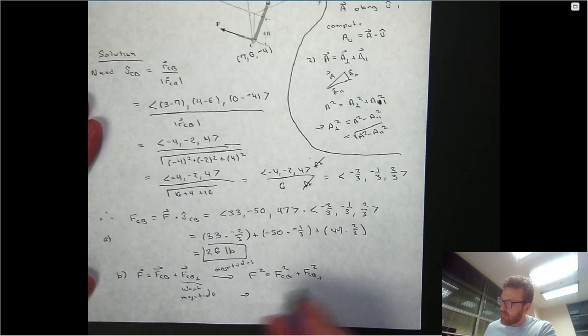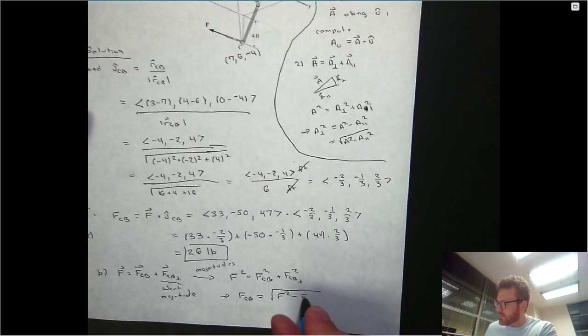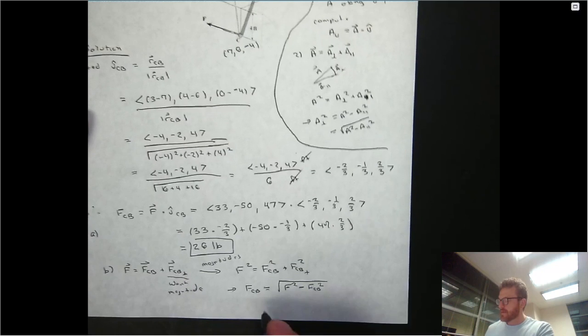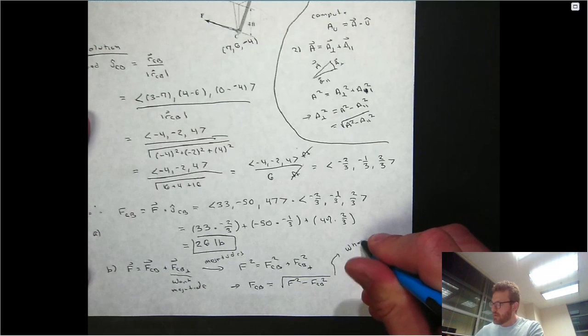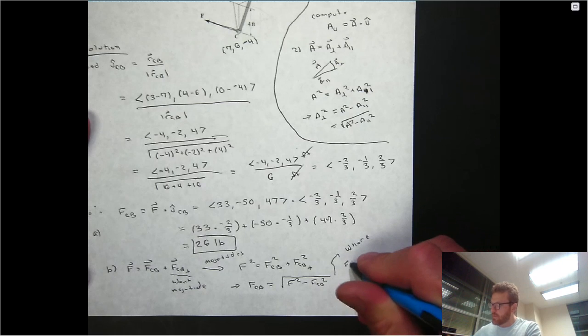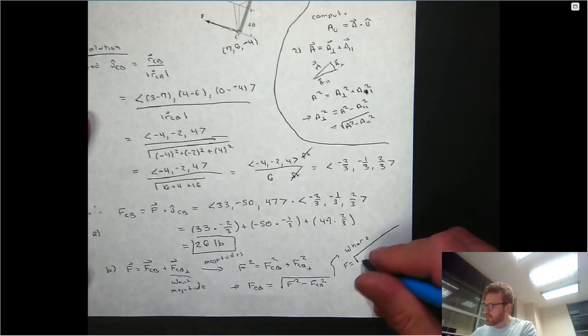So I can get what I want, FCB perpendicular, by taking the square root of F squared minus FCB squared.